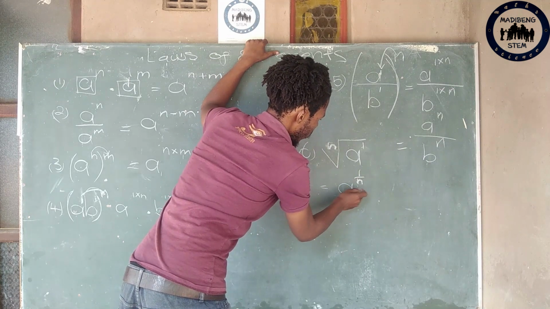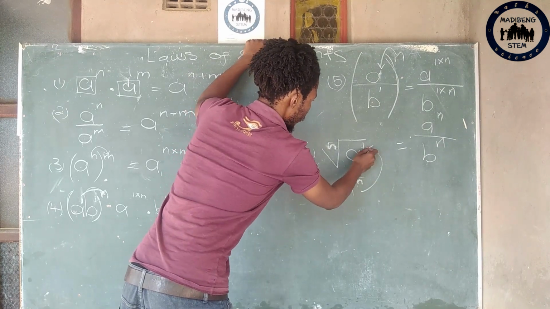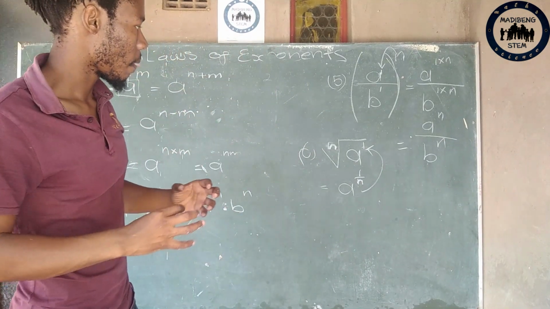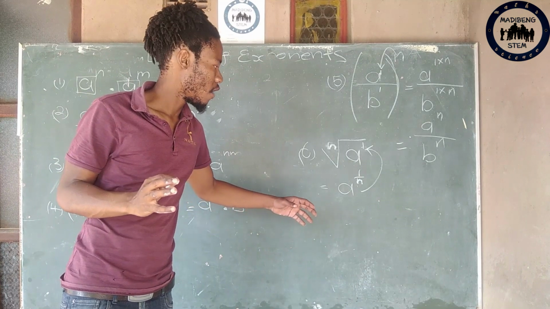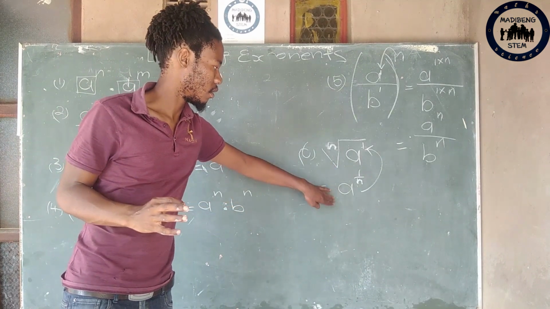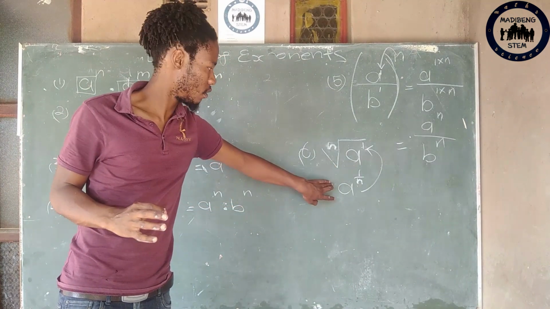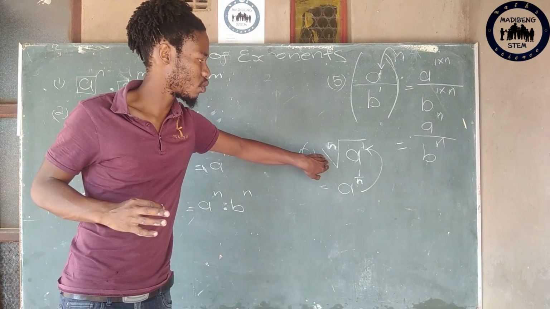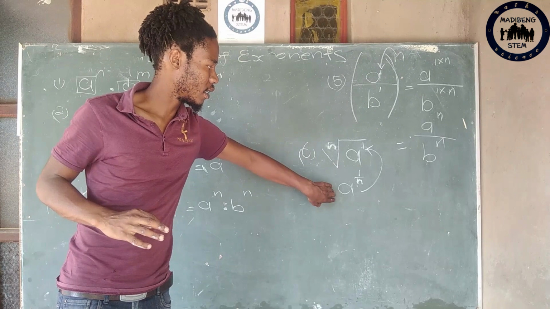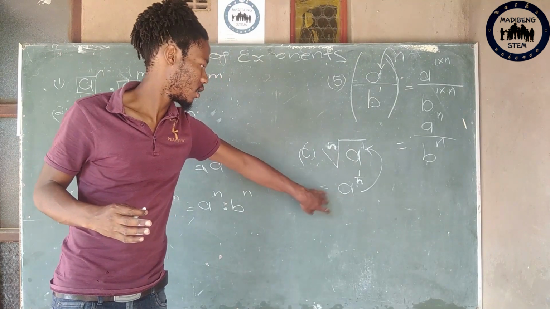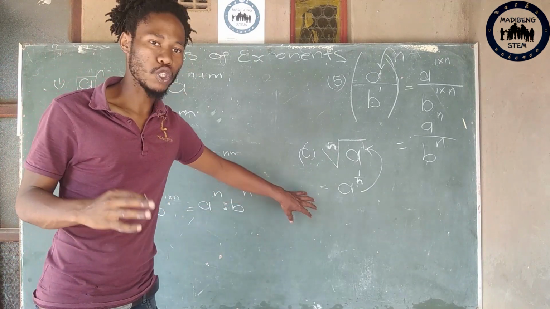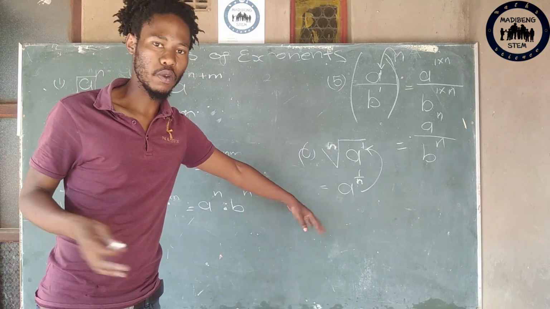This and this mean the same thing, but we wrote them in a different form. It's still the same thing, you know. But you cannot solve or simplify anything with the root. You need to rewrite it in an exponential form like this, so that you can simplify or solve for x, if maybe you're solving for x.